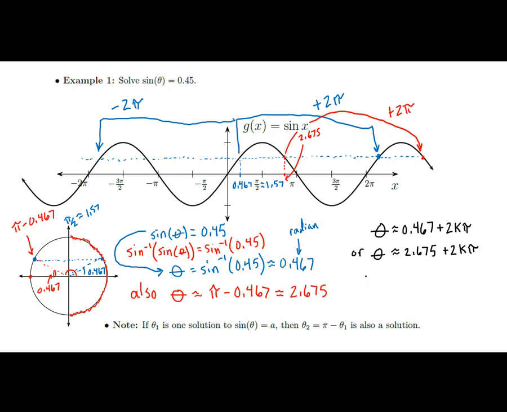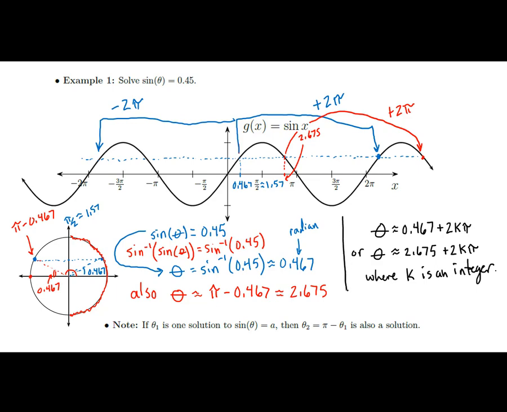And then I just add here where k is an integer. And remember, an integer is just any signed number, right? So -2, -1, 0, 1, 2, and so on.